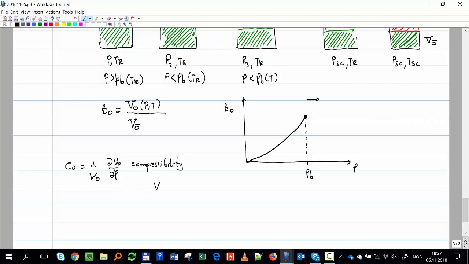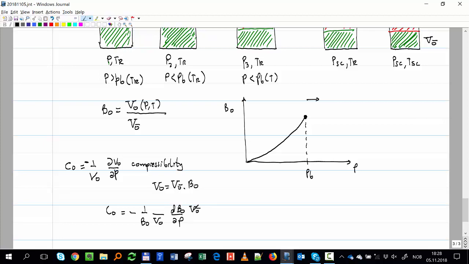And we know also that VO is just BO times a constant, one that is a constant and one that is this black oil property that I have. So CO will be, and actually here I should have a minus, minus 1 over BO, this is a constant, derivative of BO with respect to pressure.